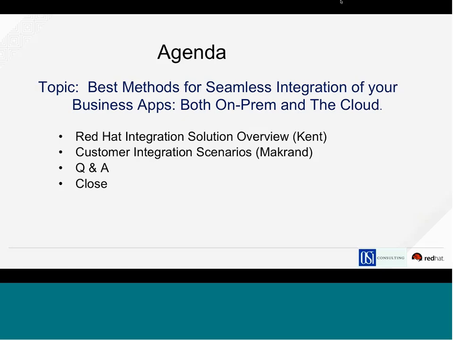That's a little subset on the product side. Makrand, talking from the implementation side, will take us through some customer implementation scenarios that support these products, so that you'll have a chance to hear some real-life success stories and best practices from an implementation standpoint. So that's the background on what you're going to hear from these guys today.